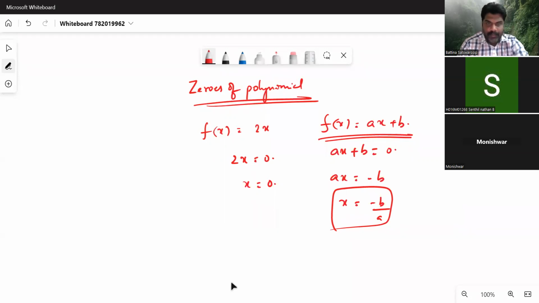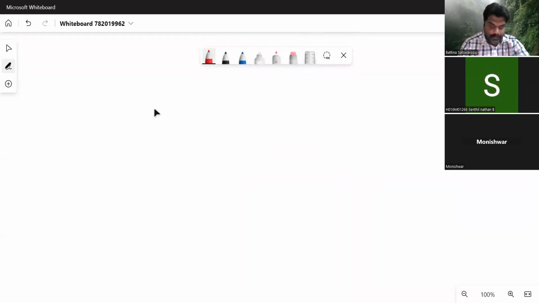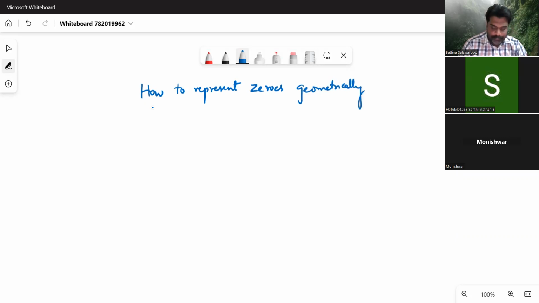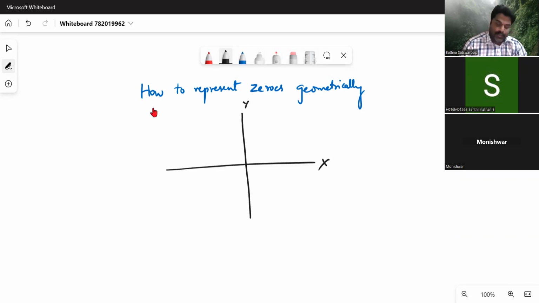Now let us move to our class 10 then. See how to represent zeros geometrically. So for example, let us say this is x-axis and y-axis. Now if I want to represent zeros, for example, let us say I am showing something like this.